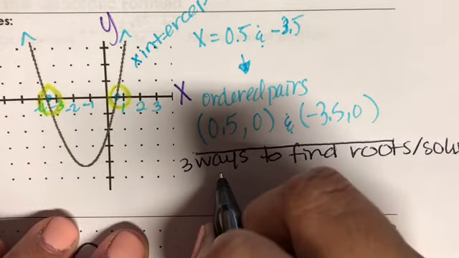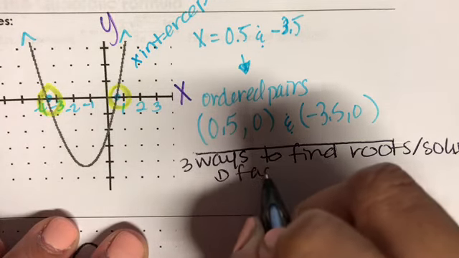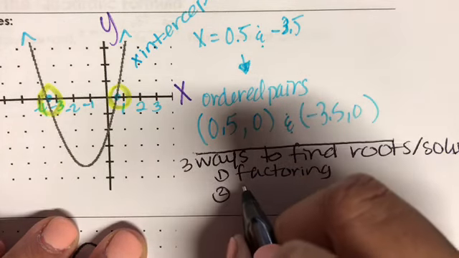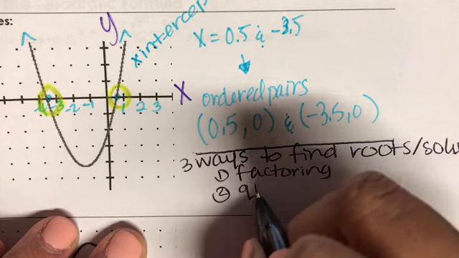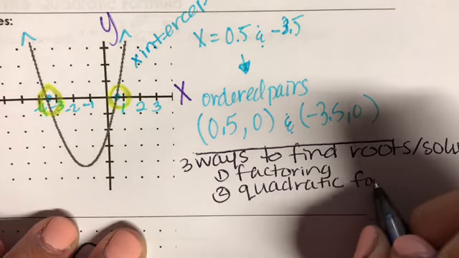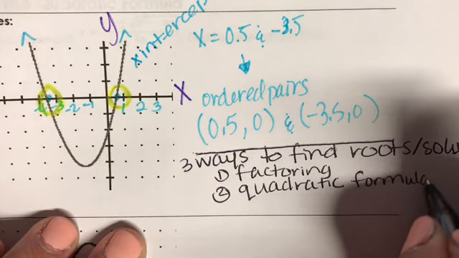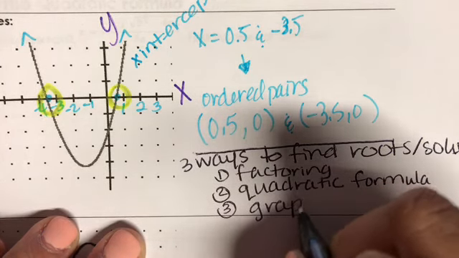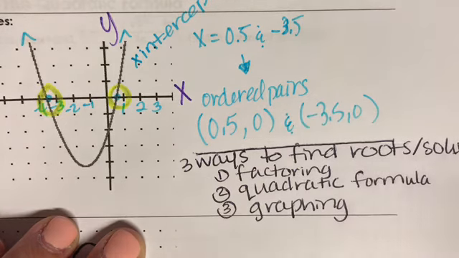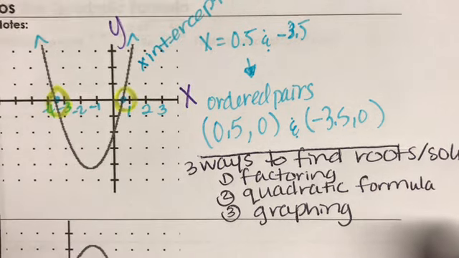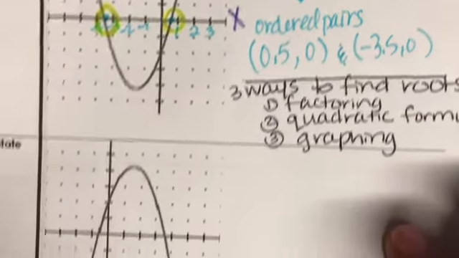The 3 ways that we're going to find them is 1, by factoring, 2, with the quadratic formula, or 3, by graphing, by looking at the graph or actually graphing the equation. So let's go ahead and look at our next example.